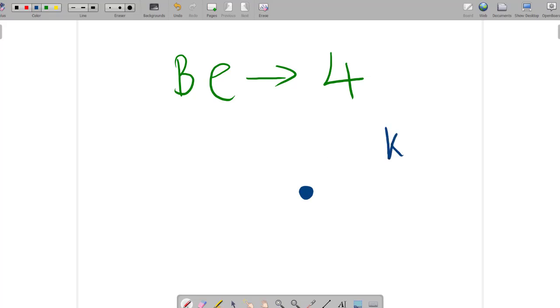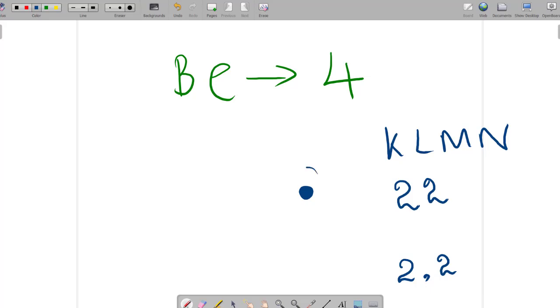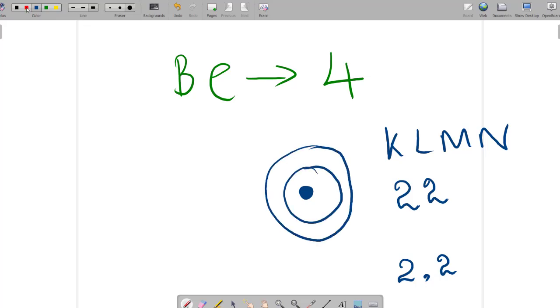First we will write the configuration. 2, how many are left? 2. In the L shell we can hold a maximum of 8, so no problem in that case. So we have to write 2 here, right? So the configuration is 2, 2. Okay, so first one, second one, now you have to fill it. 2 electrons, again 2 electrons, right?